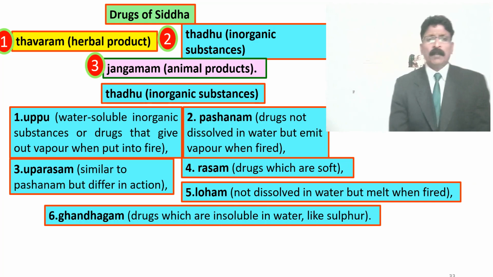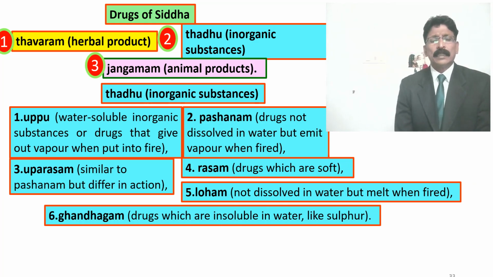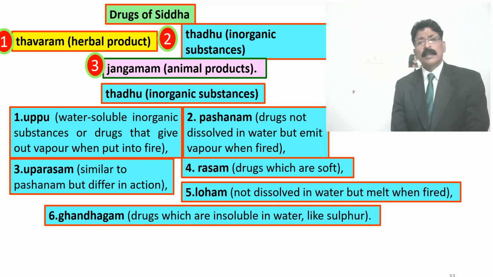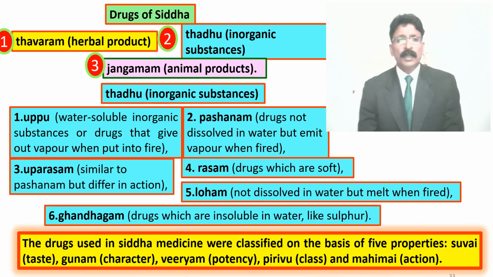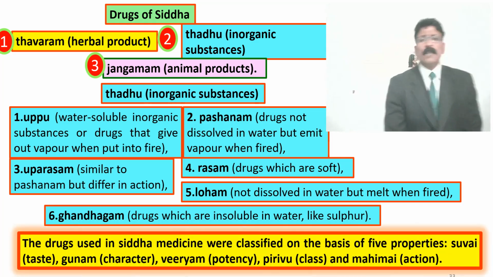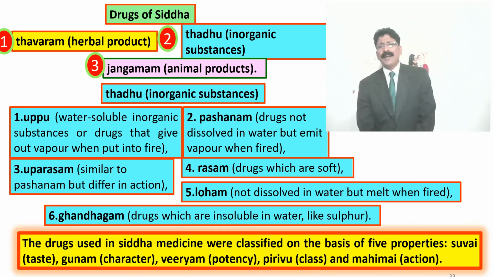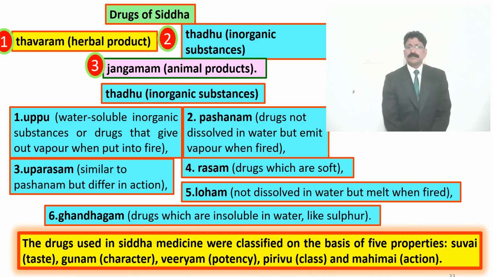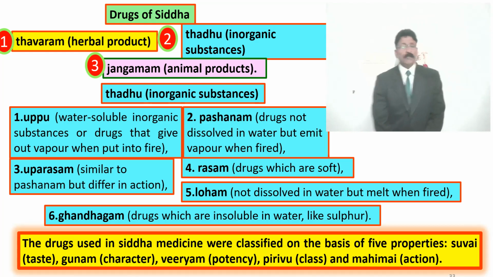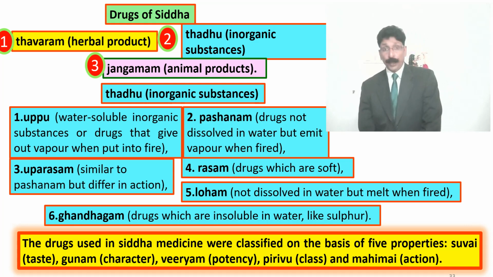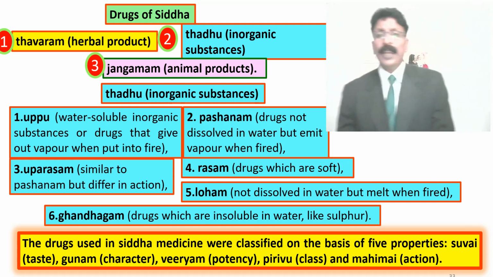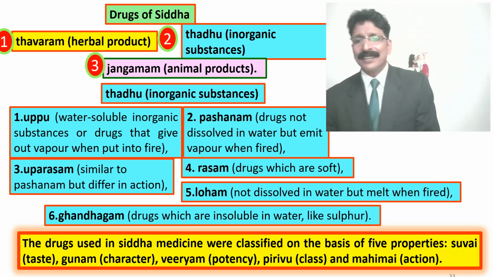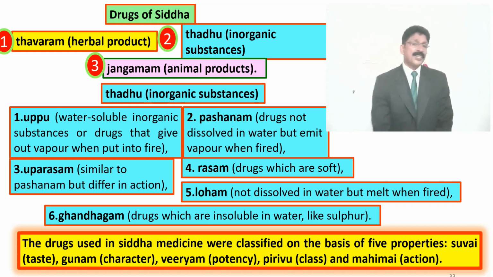Number 6, Gandhagam, drugs which are insoluble in water like sulfur. So drugs used in Siddha medicine were classified on the basis of 5 properties: suvai, taste; gunam, characters; viryam, potency; pirivu, classes; mahimai, the action of the drug.